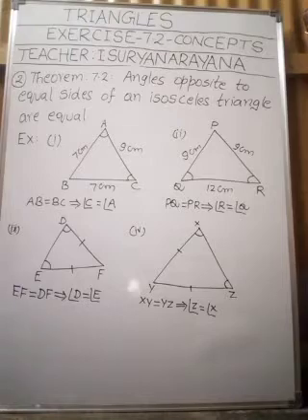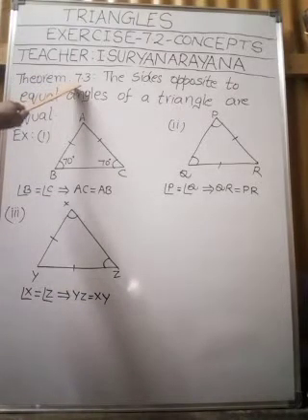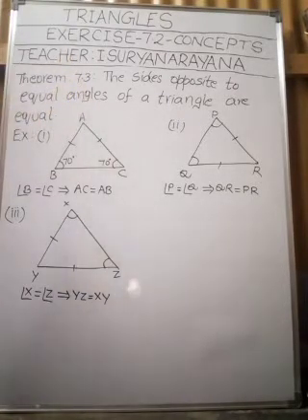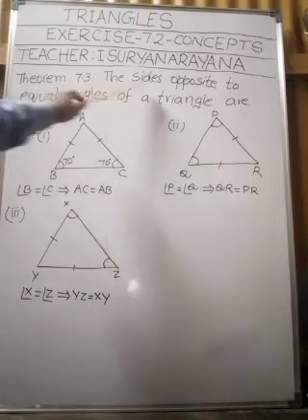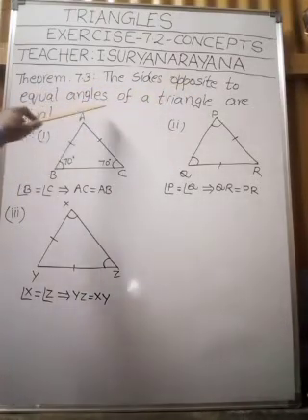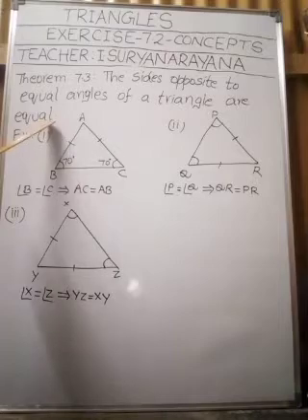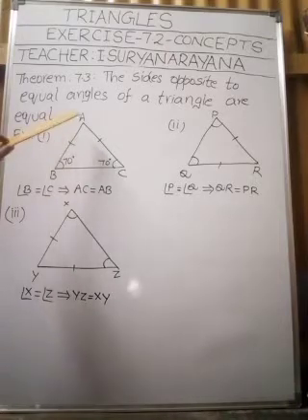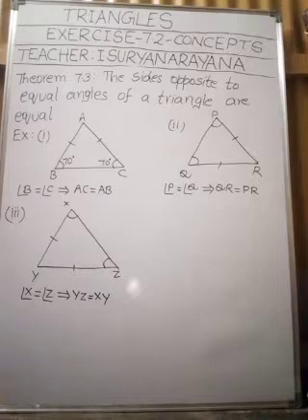Right. Now come to theorem 7.3. Okay, my children, the sides opposite to equal angles of a triangle are equal. This is just the converse of theorem 7.2. Okay, my children, for these two theorems, proofs are not needed. From the examination point of view, they will not ask in the exam, prove that, like this.